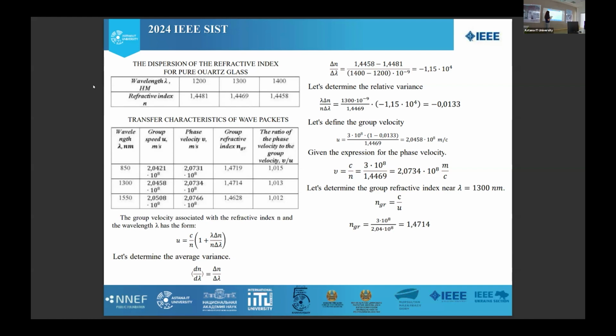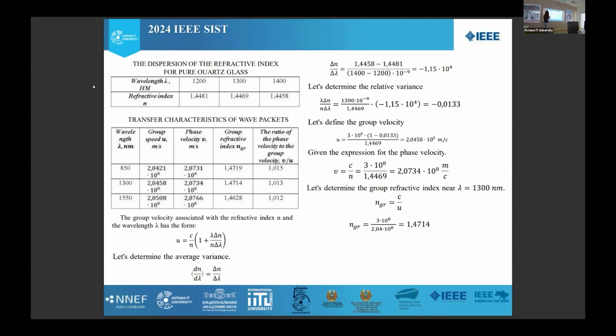As an example showing the change in dispersion characteristics, values near the wavelengths of 850, 1,300, and 1,550 nanometers were taken, corresponding to the transparency windows in the infrared range and widely used in optical telecommunication systems.